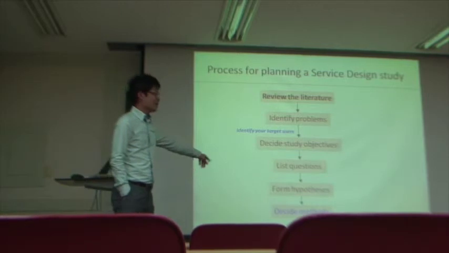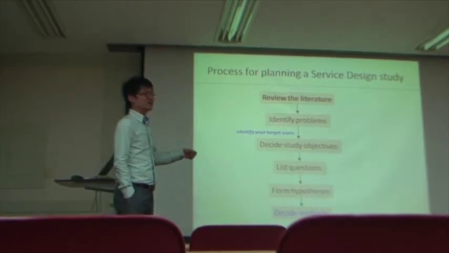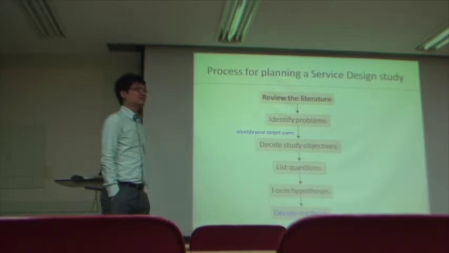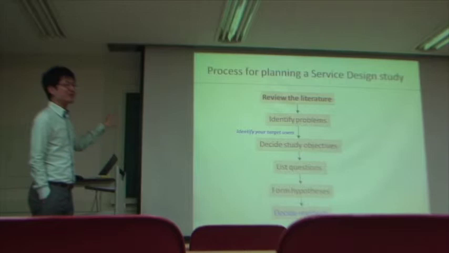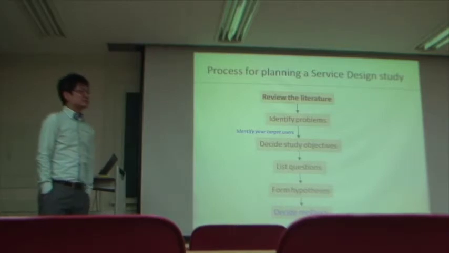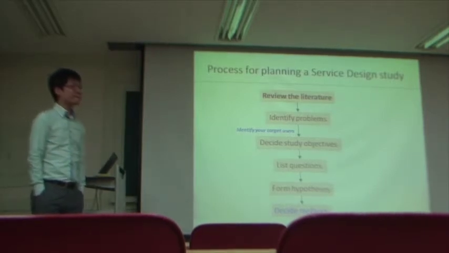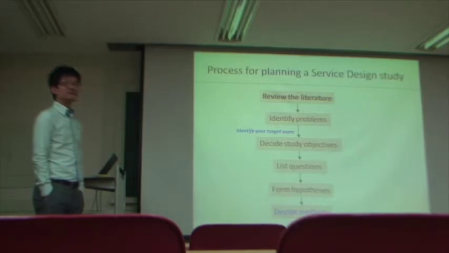And then you decide your methods about how to collect data from your participants. I think most of you are familiar with the process, right? Especially for the PhD students, I think you also have to follow this kind of process to write your PhD. You try to think this way.